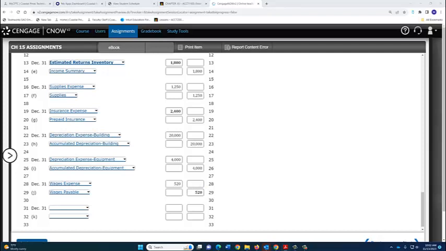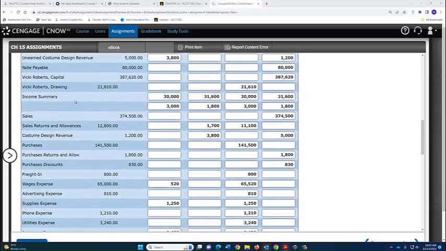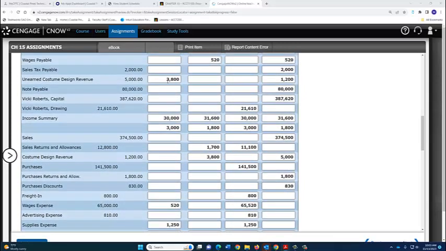And last, we adjusted unearned costume design revenue for $3,800. Okay, we reduced the unearned revenue liability with a debit for $3,800, and then we credited the costume design revenue for $3,800.